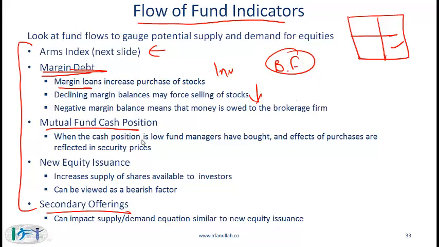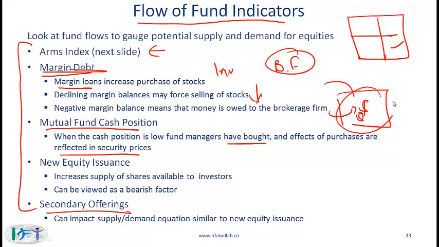Mutual fund cash position. When the cash position is low, fund managers have bought, and the effects of purchases are reflected in security prices. Just to make sure you understand this, a mutual fund is one where lots of investors put in their money, and then the mutual fund uses this money to buy securities. If you have an equity-based mutual fund, they will use this collection of pooled money to buy stocks.